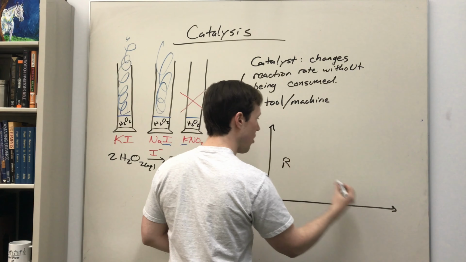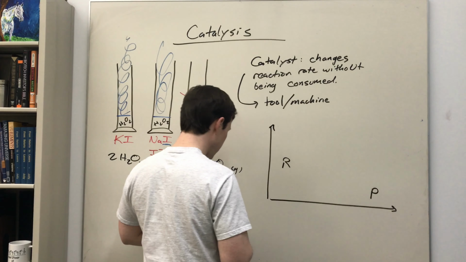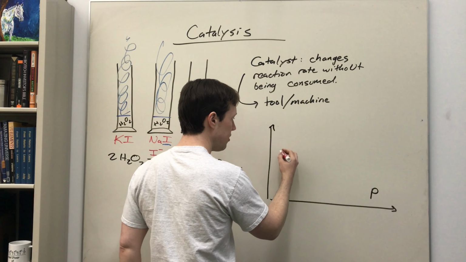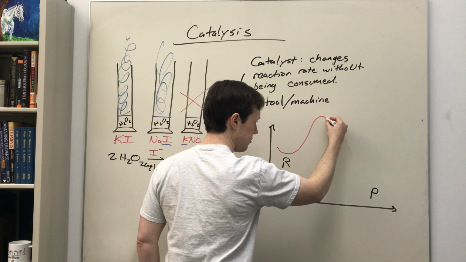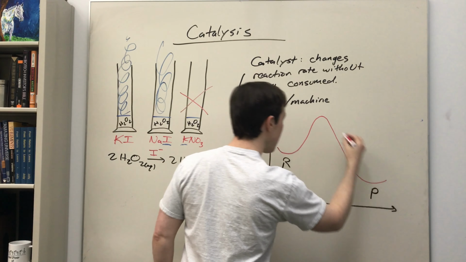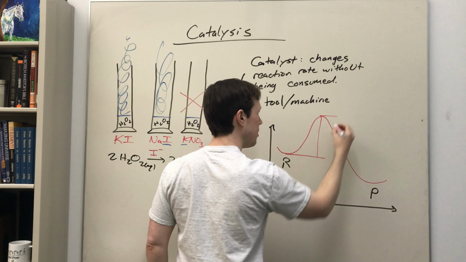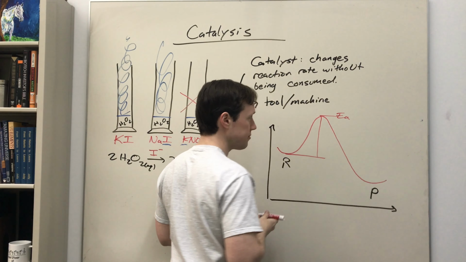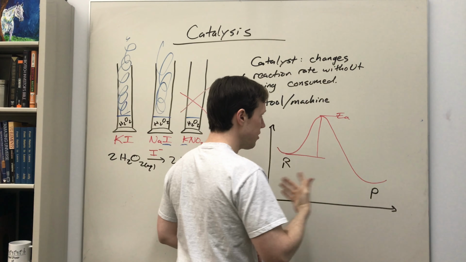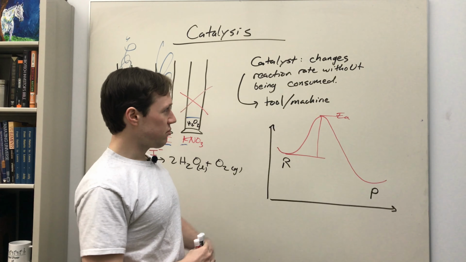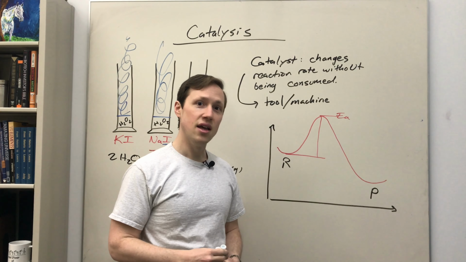If we're going from our reactants to our products, the normal pathway might be this one, where we're going to go up some rather large activation energy. That reaction might not be all that quick because the activation energy is so high.